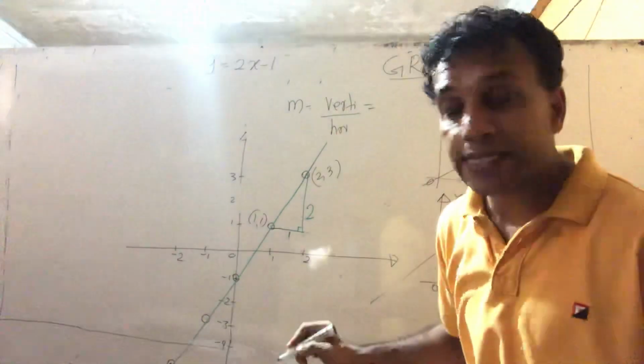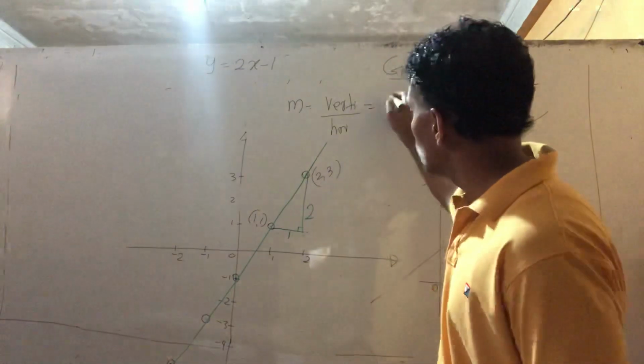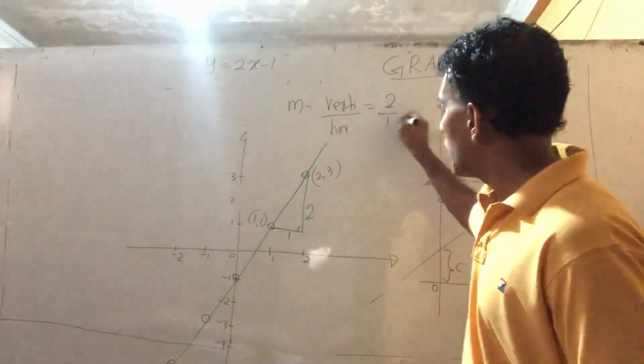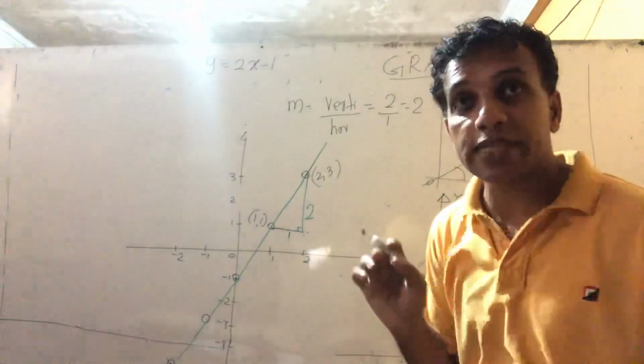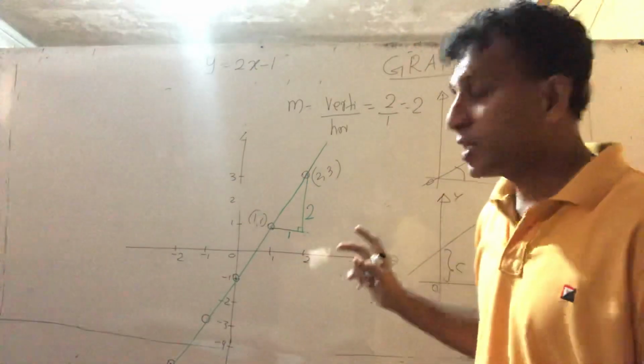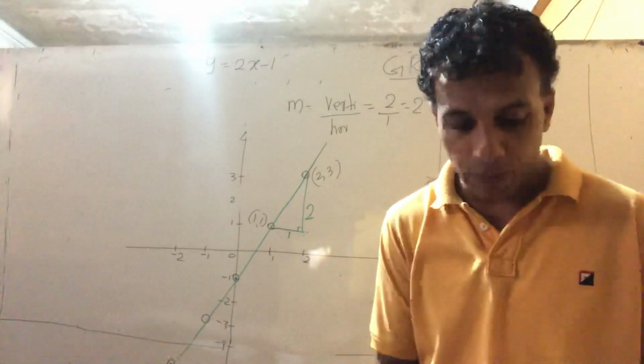So what is the answer? Vertical is 2, horizontal is 1. See, once again the answer is 2. Gradient is 2, right? This method we use in future grade 10 problems.